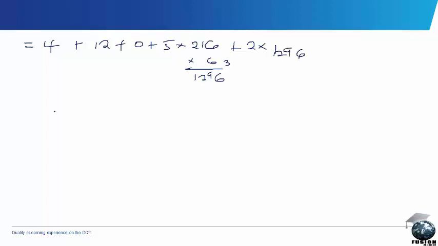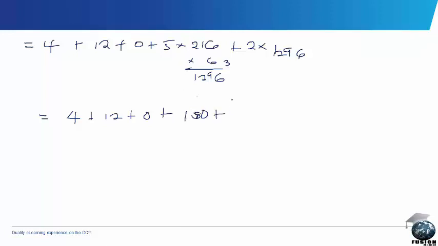All right, I could add up to give me this: 4 plus 12 plus 0 plus 5 times 6 is 30, and 5 times 1 is 5, plus 3 to give me 8, and then 5 times 2 is 10.